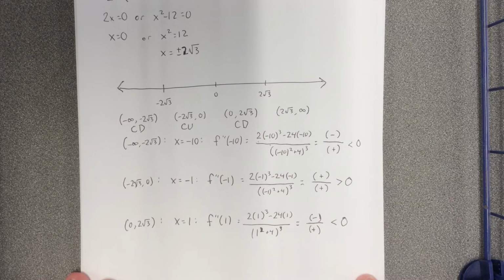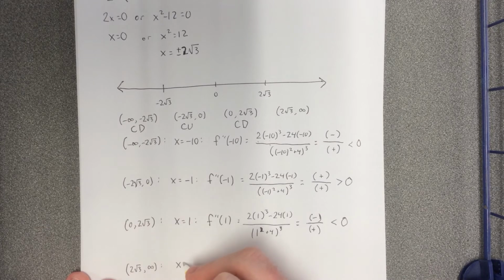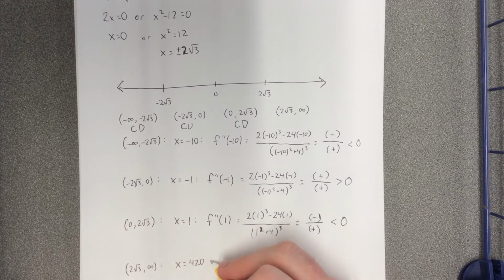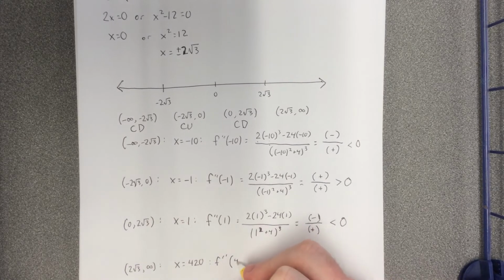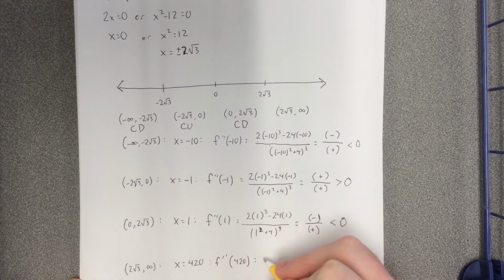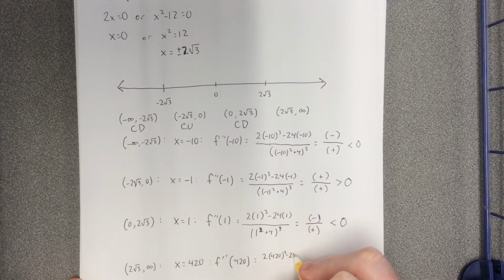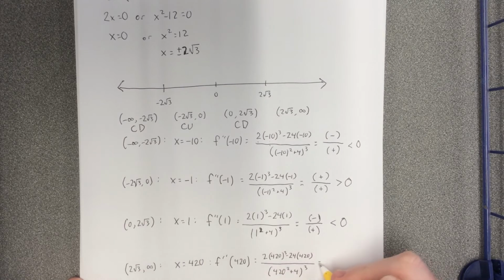You may have noticed a pattern, but we're going to go for it anyway. For 2 square roots of 3, all the way up to positive infinity, I'm going to say let's go with x equals 420. And we're going to be plugging in f double prime of 420. This is going to be equal to 2 times 420, quantity cubed, minus 24 times 420, all over 420 squared plus 4, quantity cubed.